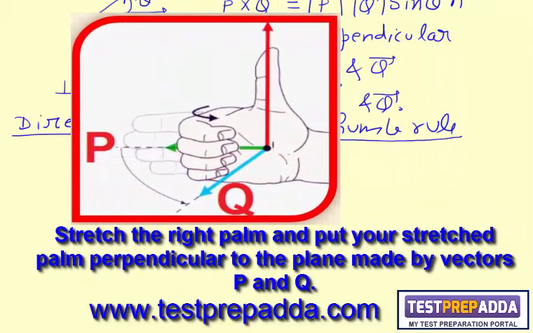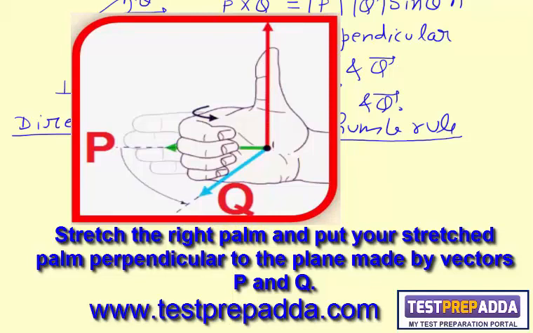You stretch the right palm and put your stretched right palm perpendicular to the plane made by this vector P and Q in such a manner that the fingers are along vector P. That is the first vector, because we have written P cross Q. So you have to keep fingers along vector P.